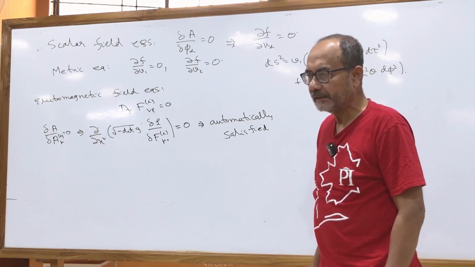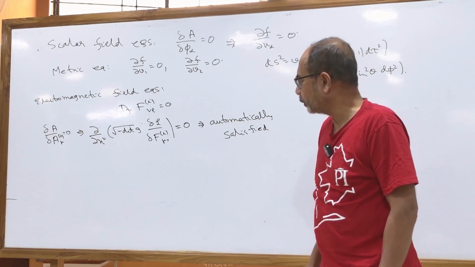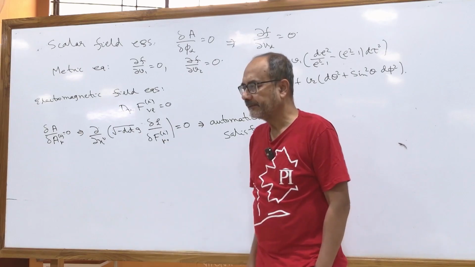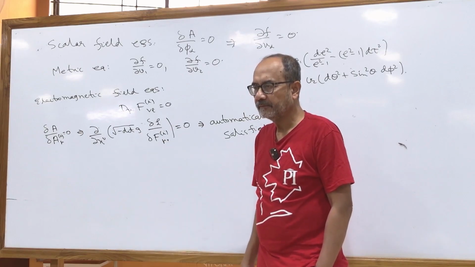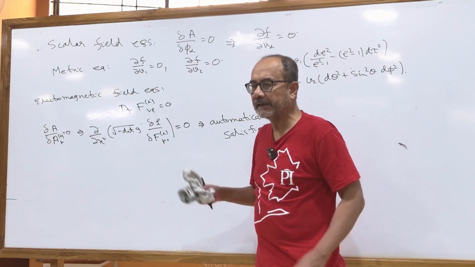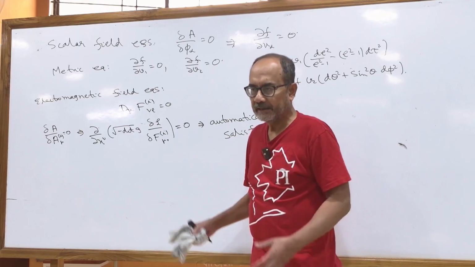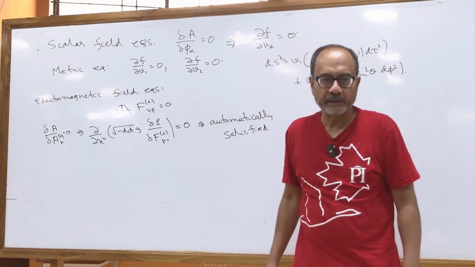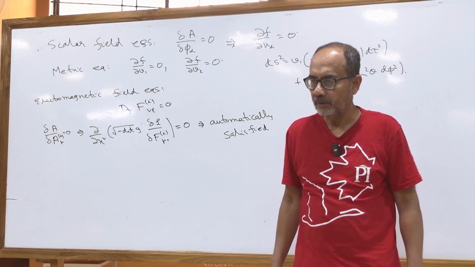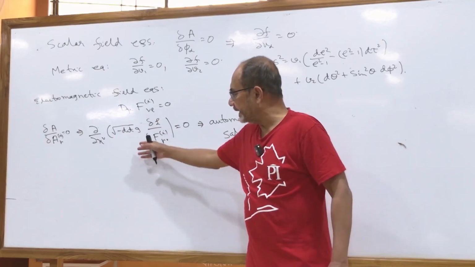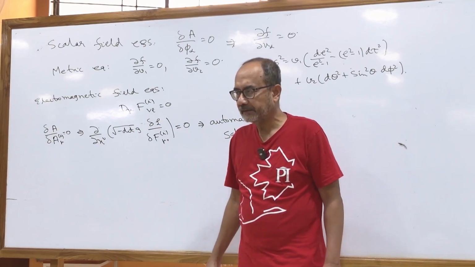Can you guess why? Why is this automatically satisfied? See, this has to be invariant under the isometries of AdS2 times S2, right? Because you have taken the field configuration to be invariant under the symmetries of AdS2 times S2. Now, what kind of a tensor is this combination?